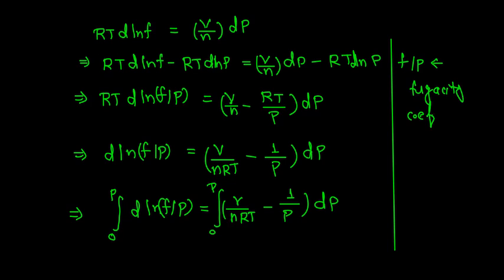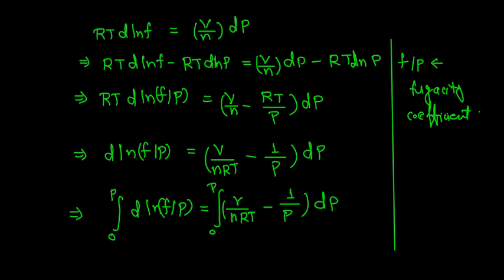Okay, this quantity is called fugacity coefficient. What is the importance of fugacity coefficient? This fugacity coefficient gives us the deviation of the gas from the ideal behavior. Remember, as P tends to 0, f by P tends to 1, that means the fugacity starts becoming equal to the pressure of the gas. So therefore f by P, which is called the fugacity coefficient, will tell us about the deviation of the gas from the ideal behavior.